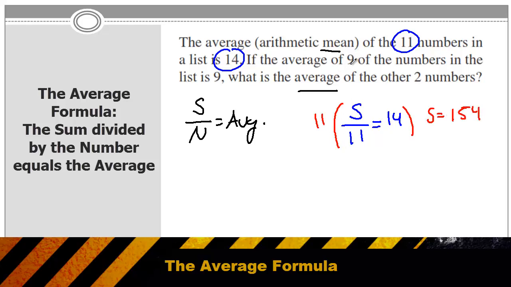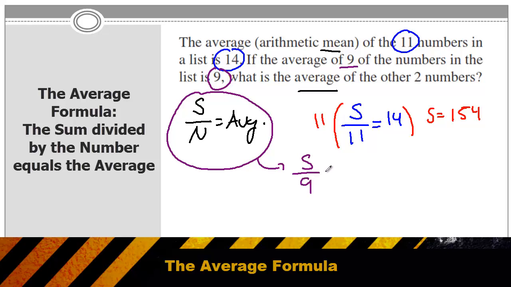Next, they tell me the average of 9 numbers in the list is 9, so I can write the equation following the same formula of my sum over my number is my average. So the sum that I don't know divided by 9 numbers is equal to 9, or the sum is equal to 81.